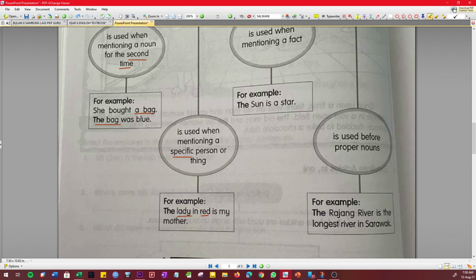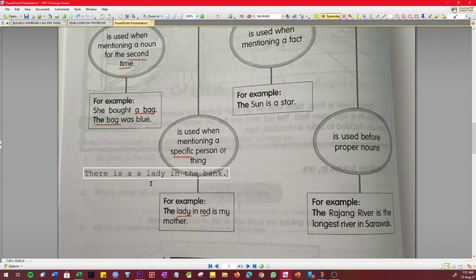So for example, I would say the sentence is there is a lady in the bank.